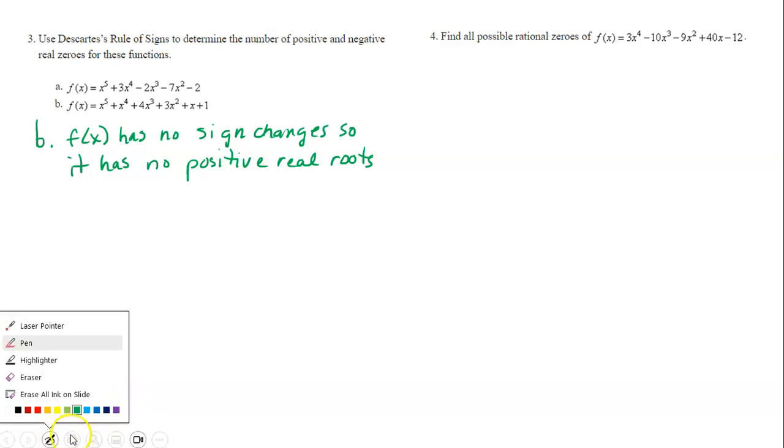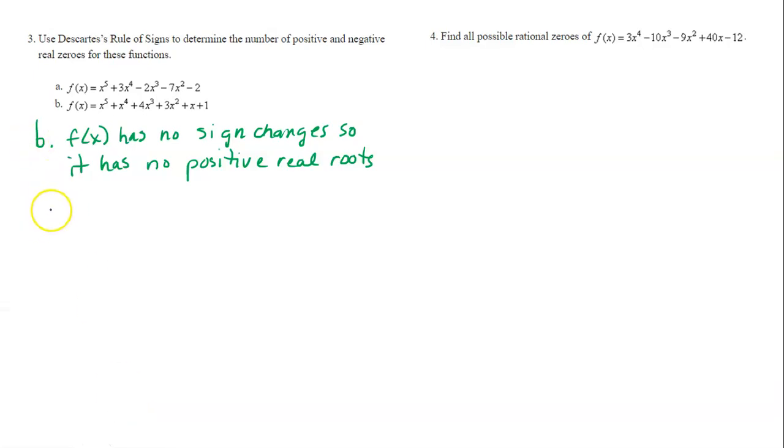Now I need to find f of negative x. So I'm going to plug negative x in here, and I get negative x to the 5th plus x to the 4th minus 4x cubed plus 3x minus x plus 1. We've got lots of sign changes here.